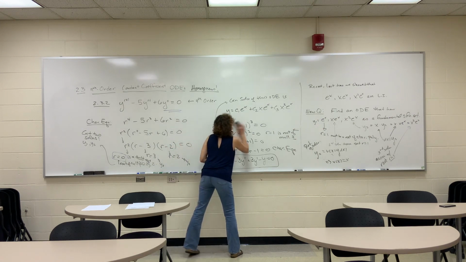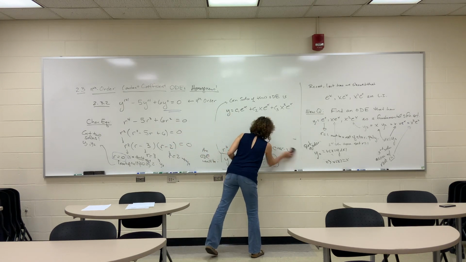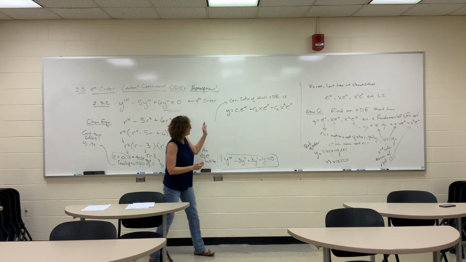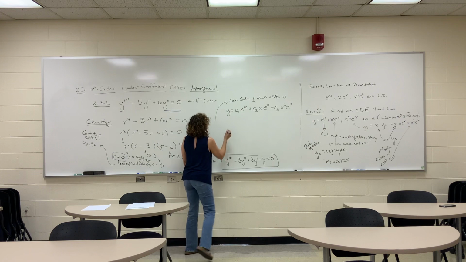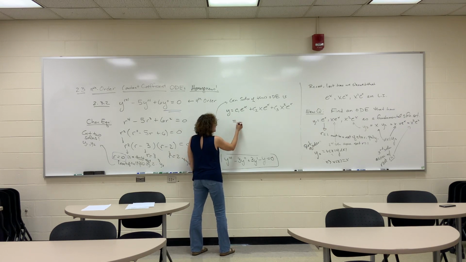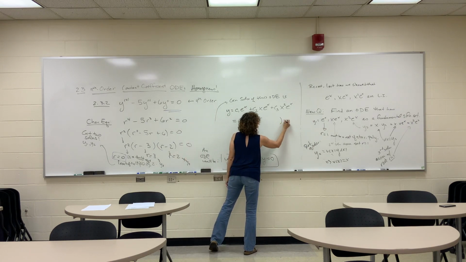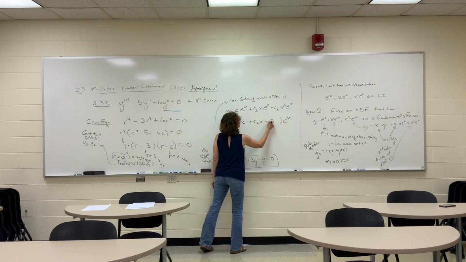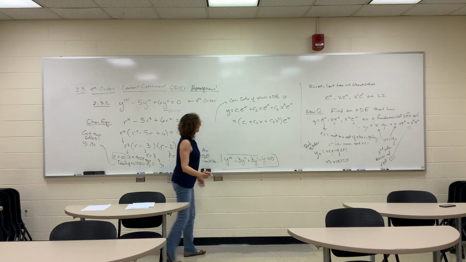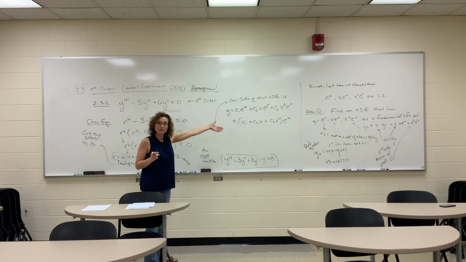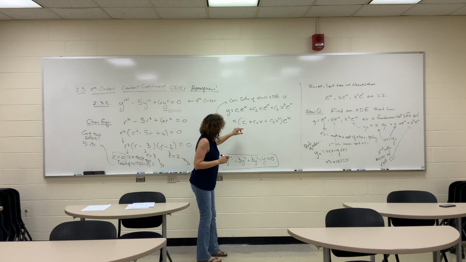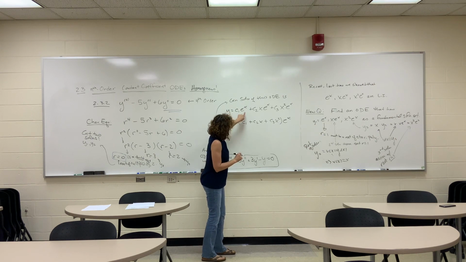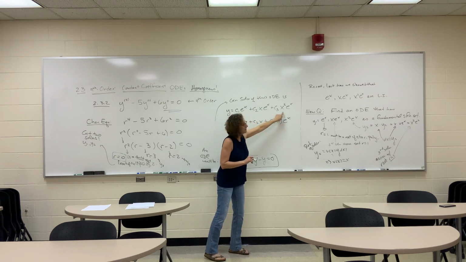Another way to write that, which can often lead students astray, so I generally say just write it like this, okay? But another way to write it is to factor out that e to the x there, and write it as C1 plus C2x plus C3x squared, times e to the x, which is equivalent for sure, but it clouds the issue that this is C1y1 plus C2y2 plus C3y3.